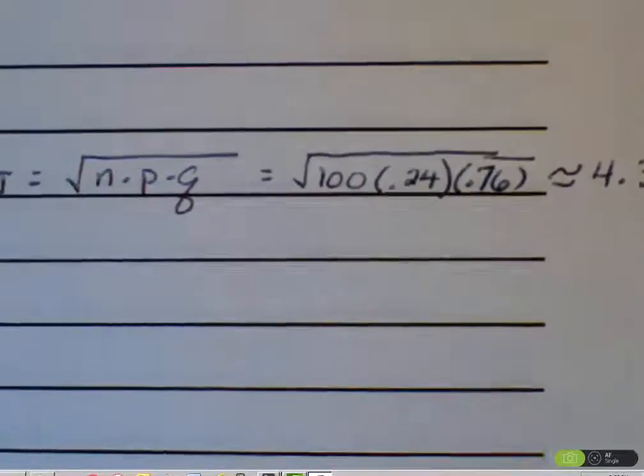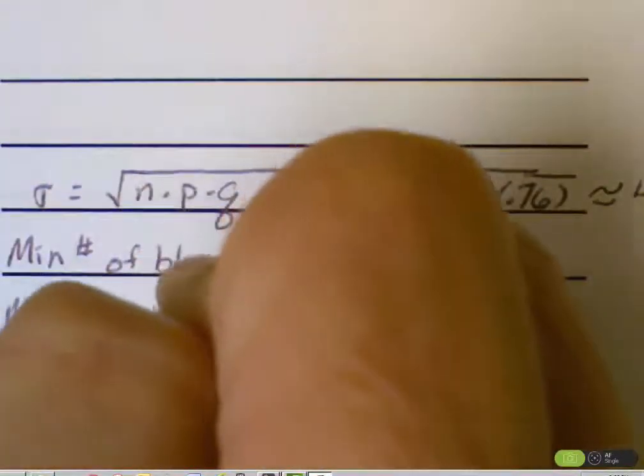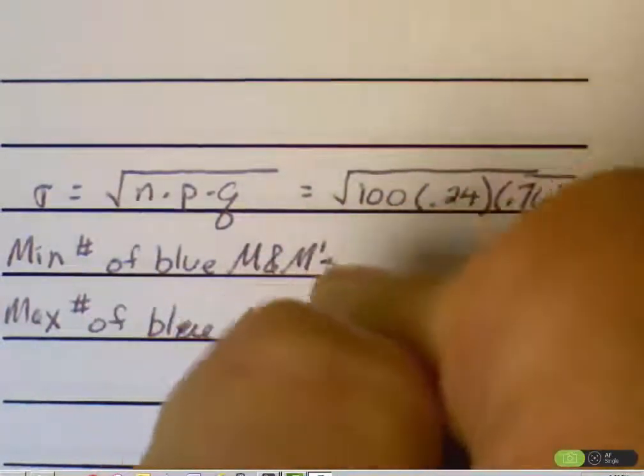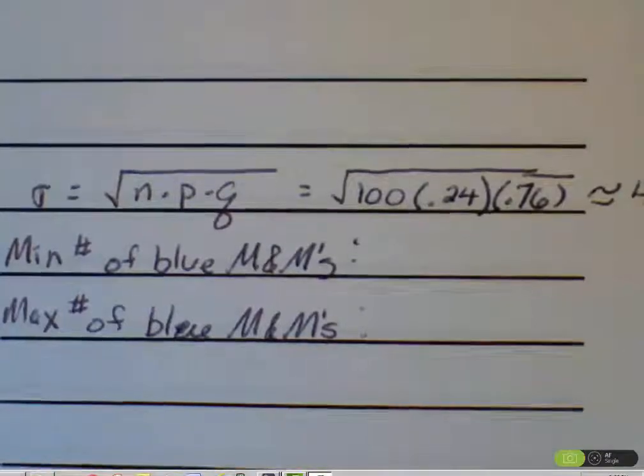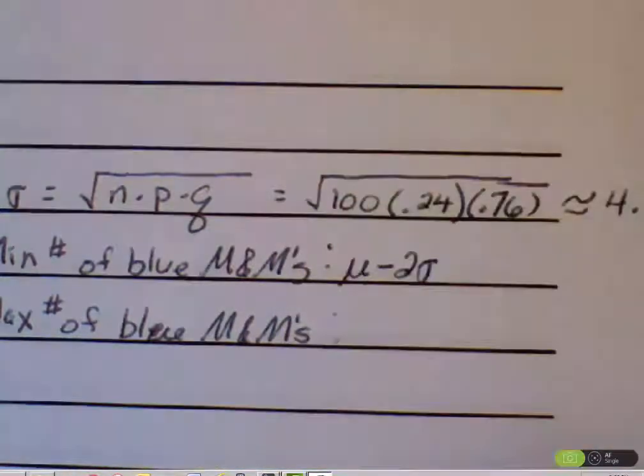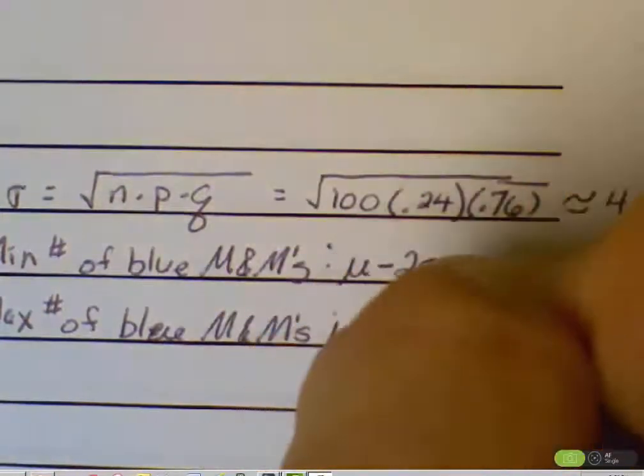Let's go ahead and get the minimum number of blue M&Ms and the maximum number of blue M&Ms. Remember that the minimum is the mean minus 2 standard deviations, and the max is the mean plus 2 standard deviations.